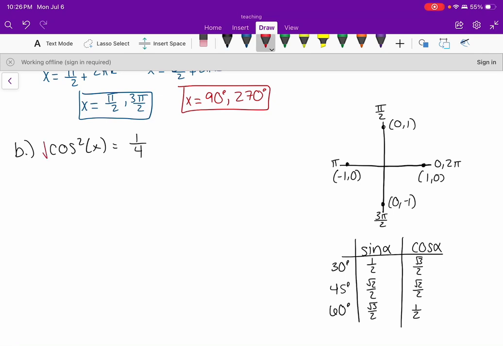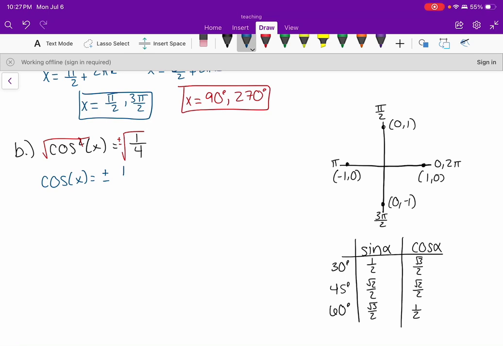If I square root both sides here, be careful, this is plus or minus, you get cosine x equals plus or minus square root 1 over 4.